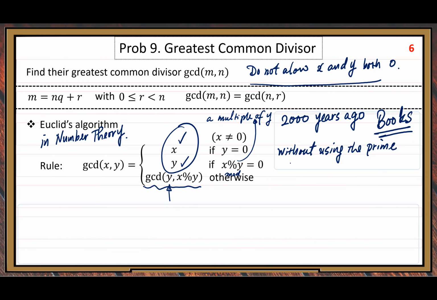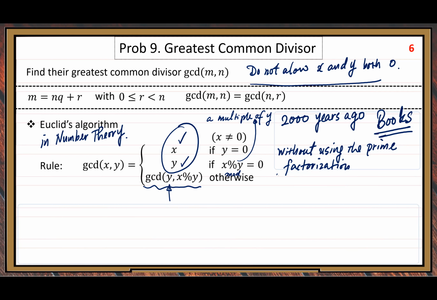That's the best thing we have from this algorithm. Then its direct consequence is that it will be much faster. It avoids prime factorization. Think about even 1,000-digit, 2,000-digit integers.